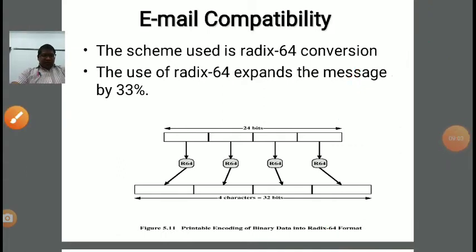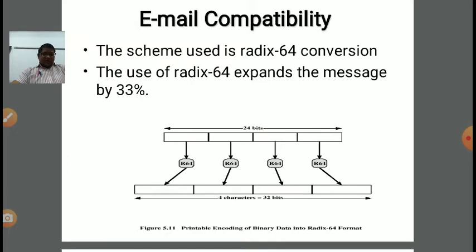So if you see here, suppose our message is of 24 bits. We divide our message into 4 blocks, which means 6 bits, 6 bits, like 4 blocks. After that we apply the Radix 64 technique.